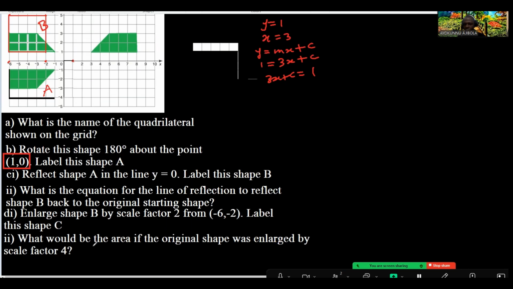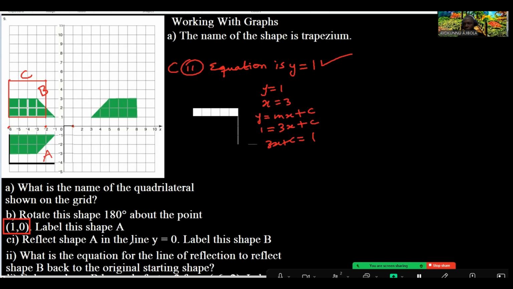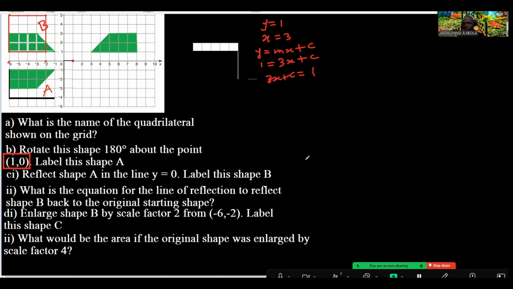What would be the area if the original shape was enlarged by a factor of 4? Okay, instead of a factor of 2, if you enlarge it by a factor of 4, then that will become a rectangle, okay? So that will be the area for the last option there.